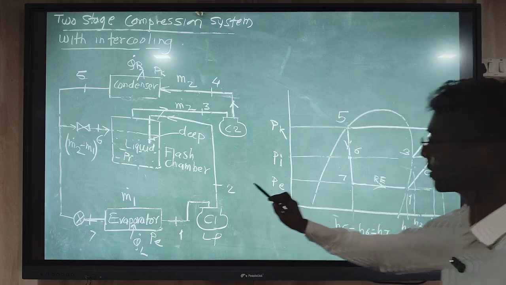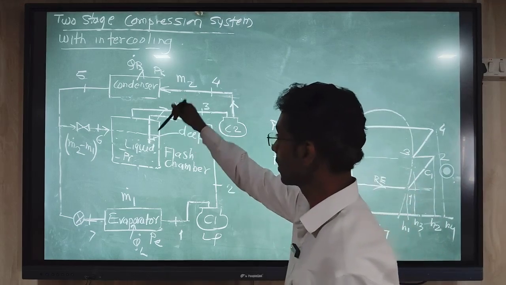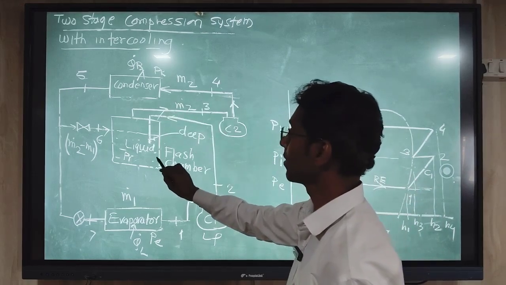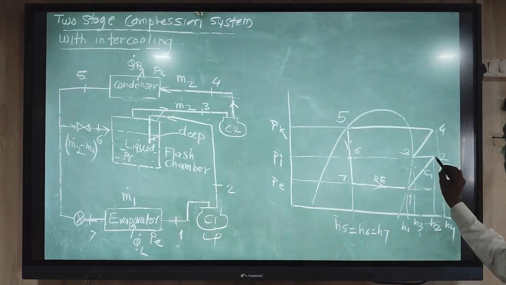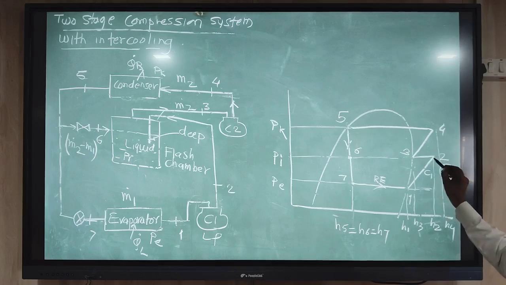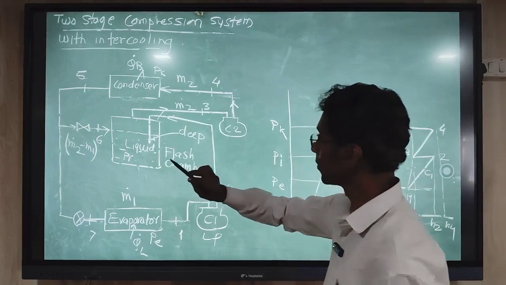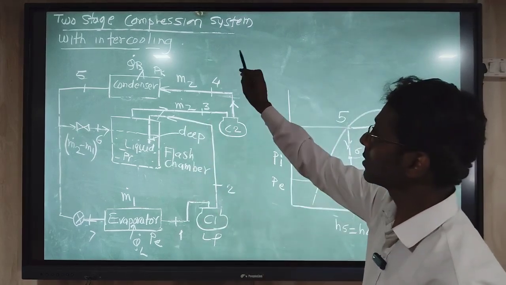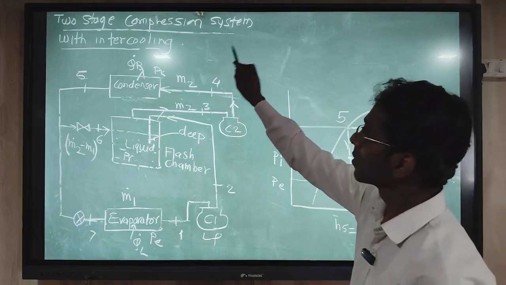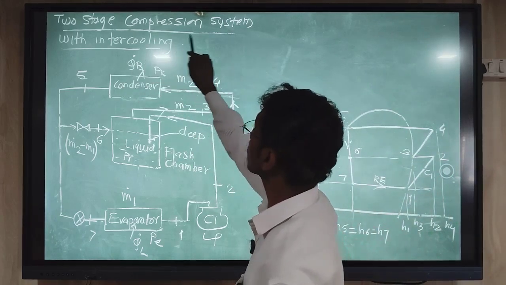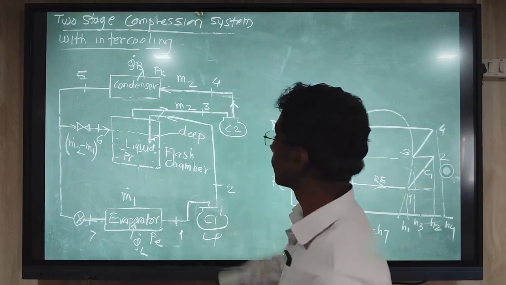That is why this vapor line is given to the flash tank. Thus intercooling of the refrigerant takes place from point 2 to 3. That is why the system is called a two-stage compression system with intercooling.